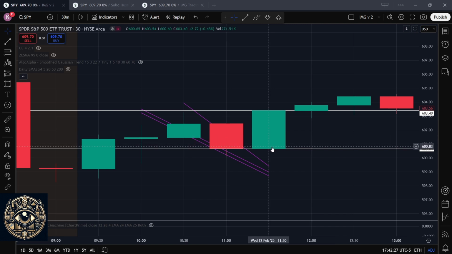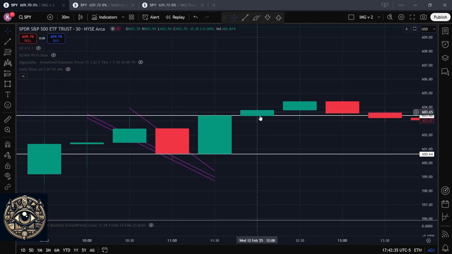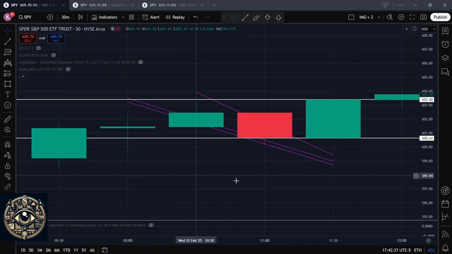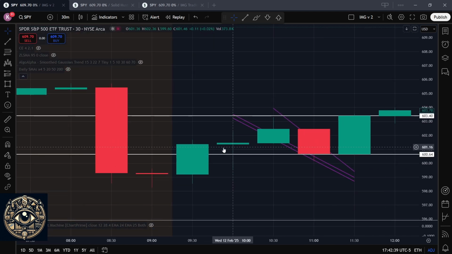If the candle's green, it's going to go from the bottom to the top. If the candle's red, it's going to go from the top to the bottom. Another example, we'll use the 10 o'clock candle. The bottom of the candle is where it opened, at 601.35. In this 30-minute time frame, it closed at 601.48.